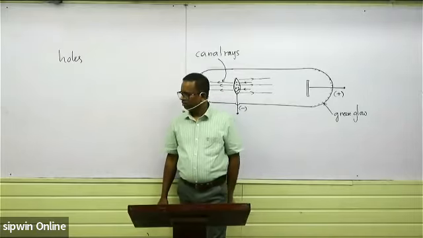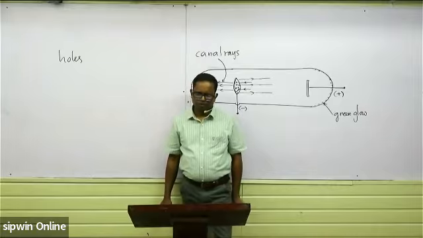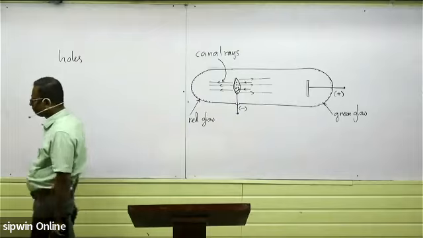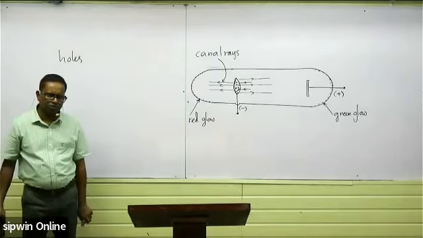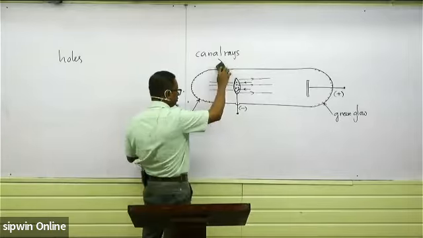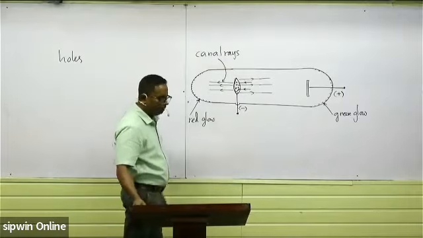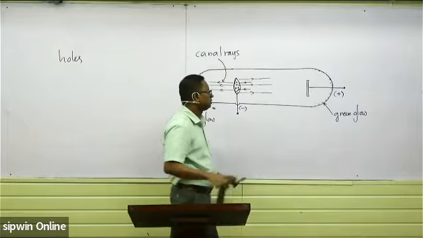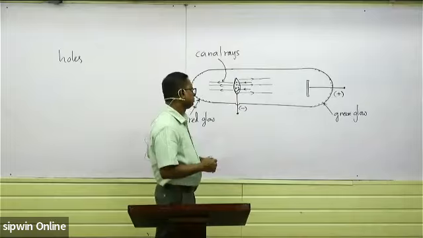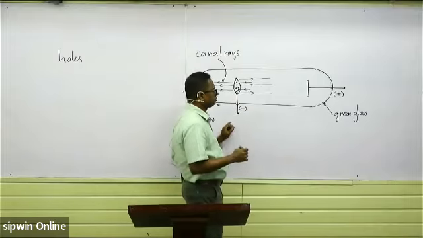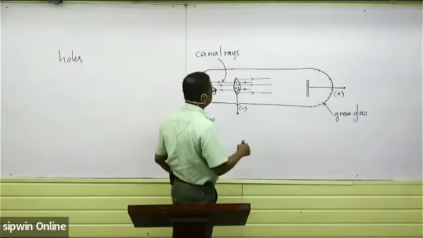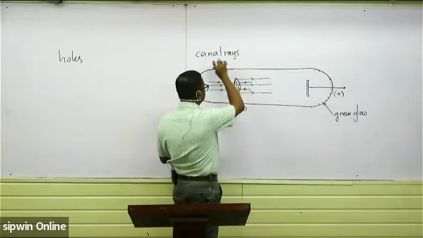Because these rays pass through the perforated cathode, they are known as canal rays.